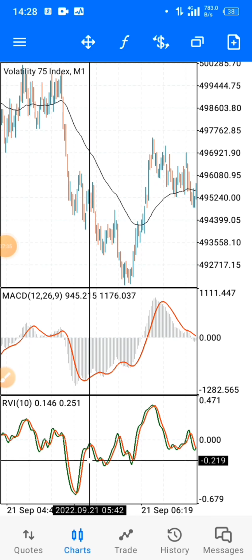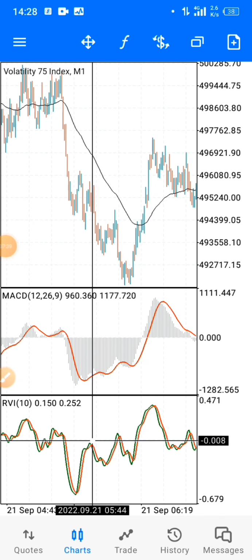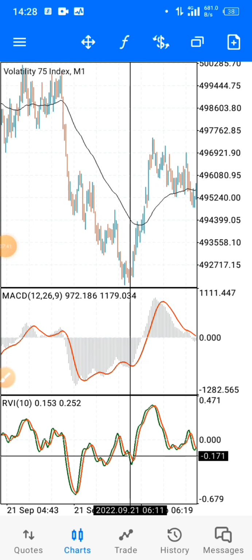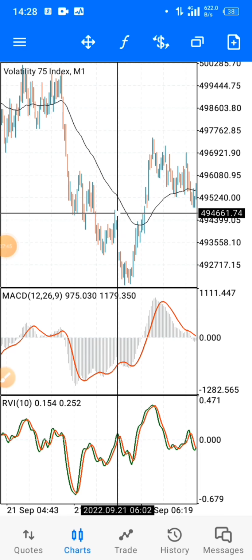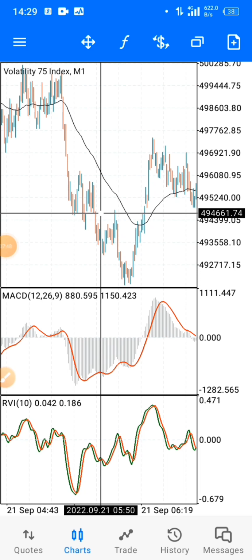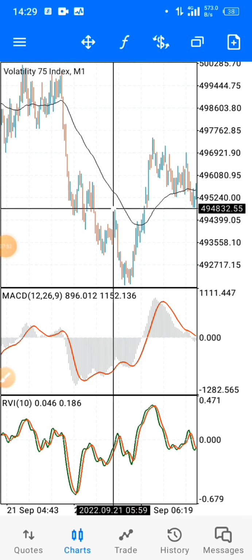Here I won't take the trade because it crossed below the level 0, but here I will take my entry, and my stop loss I will place above this side right here.